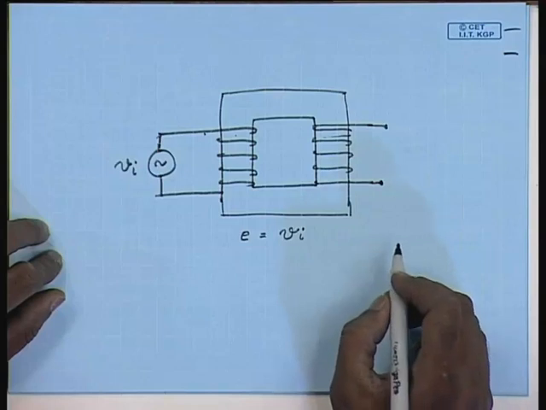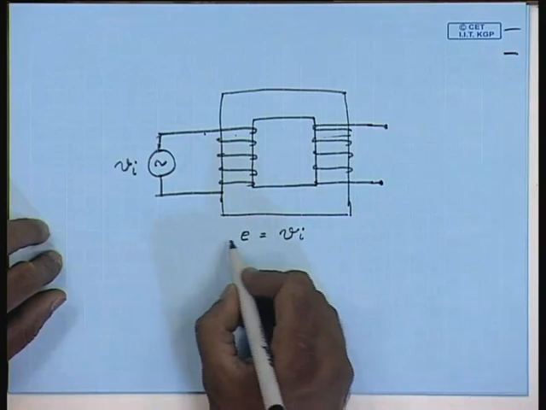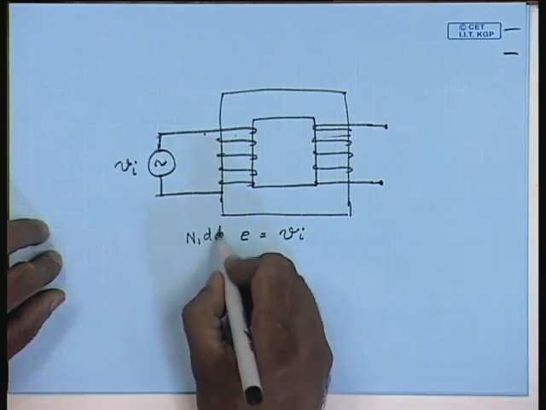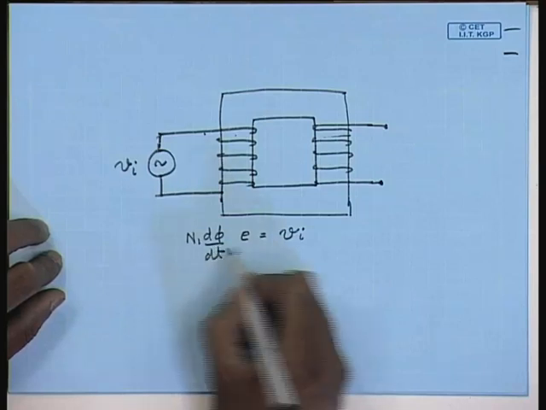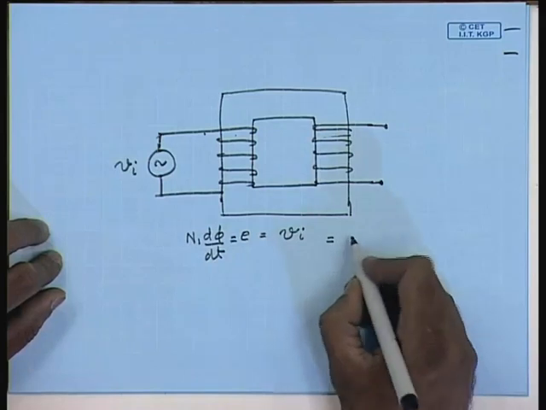Hence, the flux, which is given by N1 dphi/dt equal to E, will be a sine wave.